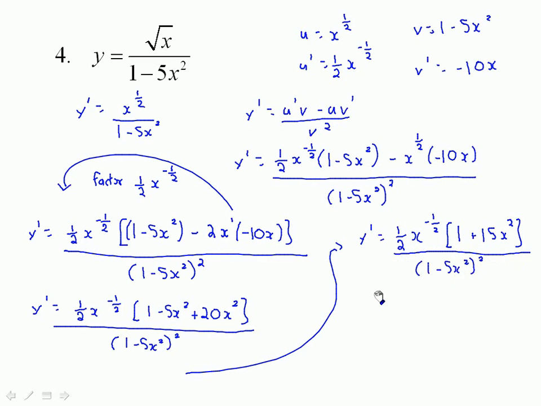Now the only other thing that I'm going to do with this question to finish it off, dy dx, or maybe the only other thing, we have a factor of 1 minus 5x squared to the 2, and we have this factor on top of 1 plus 15x squared. But I'm going to take the x to the negative 1/2 to the bottom to make it positive, and the 1/2.